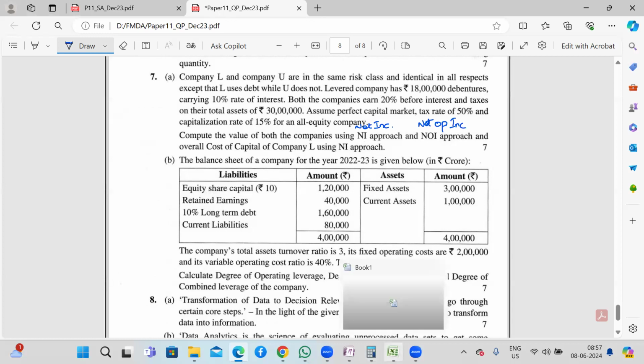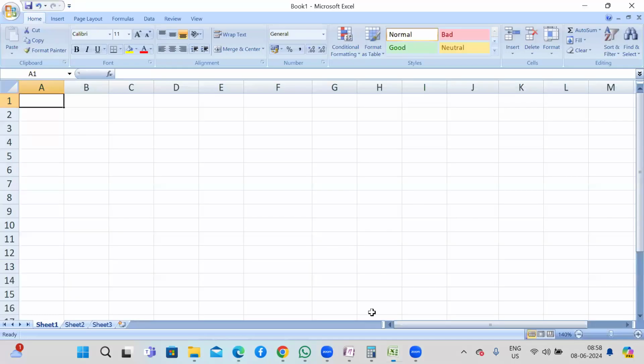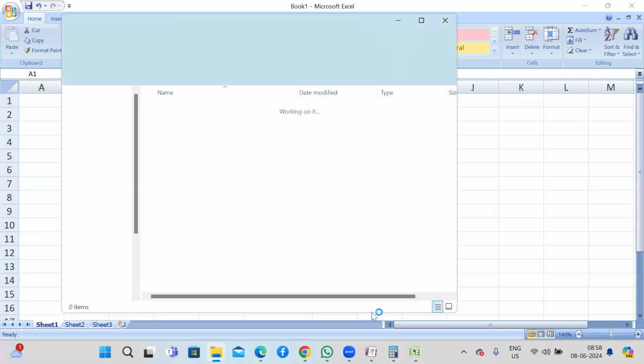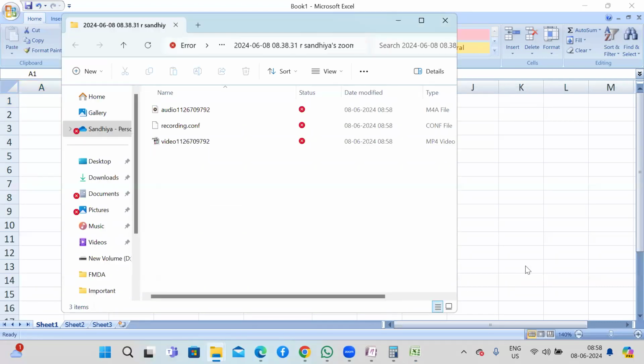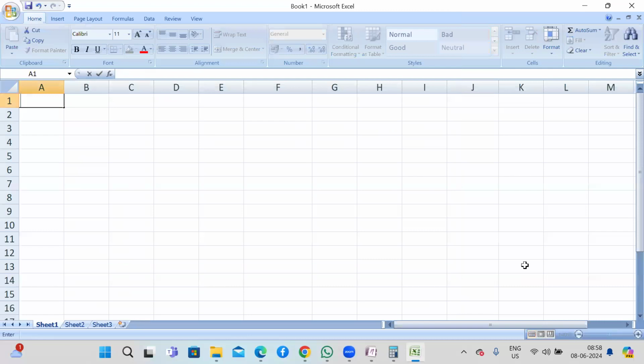For the net income approach, first we need to calculate profit after tax and everything. So first I'm going to calculate net income.